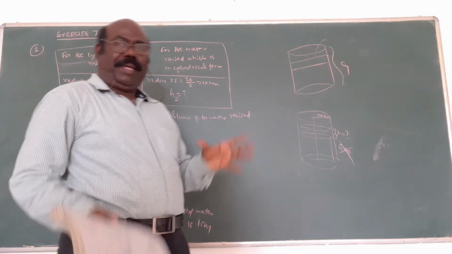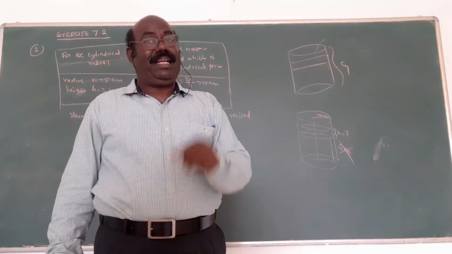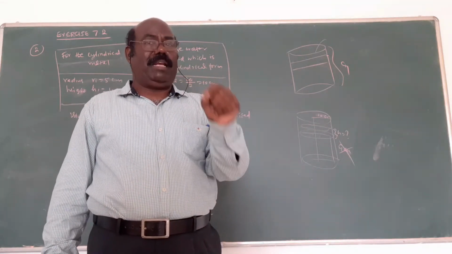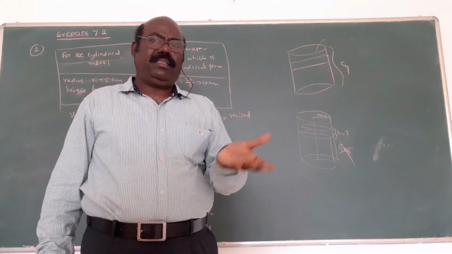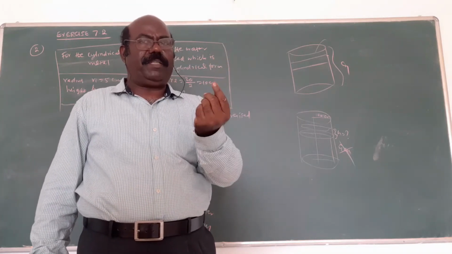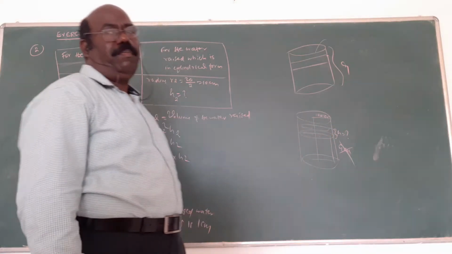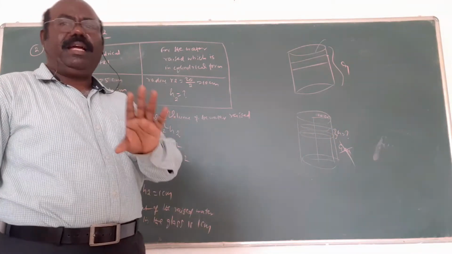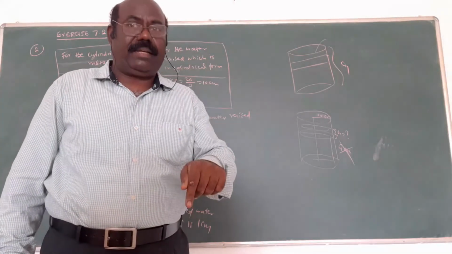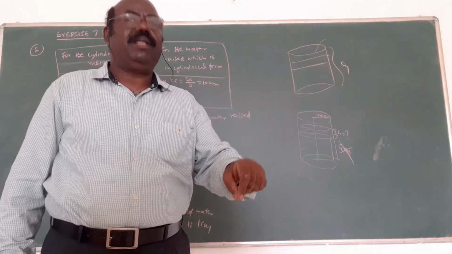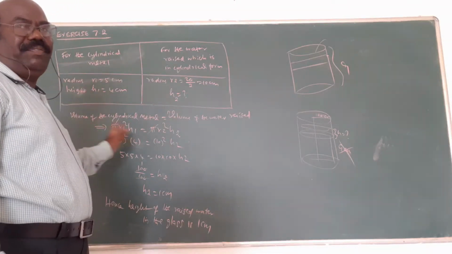Suppose you drop the biggest metal, the water comes out fully; a small piece means slight rising. In this way you find the value of H. Both are cylinders, the water level rise and the metal piece, so the form is the same, but the radius and H will be different.